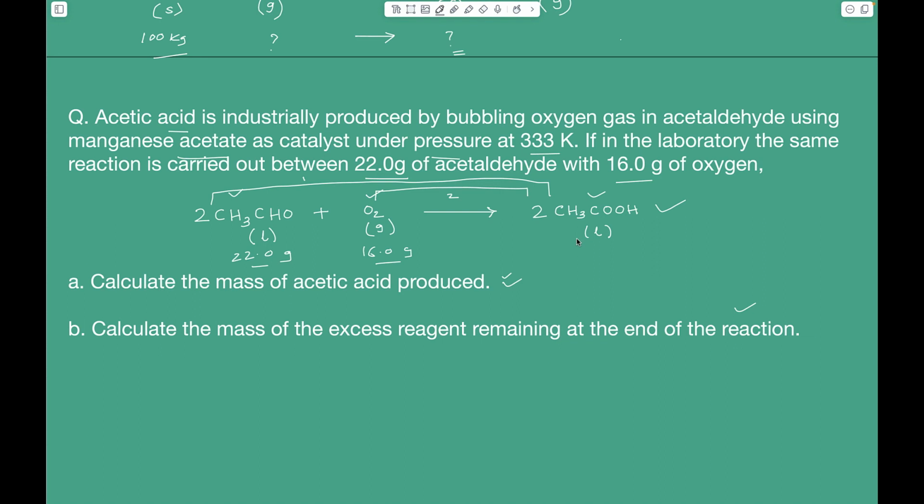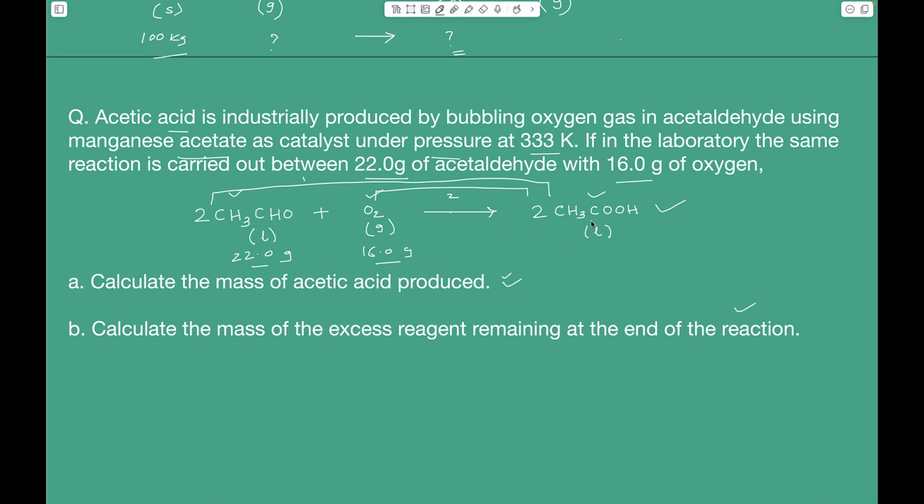So what should I do? First, I have to verify that the given amounts of the reactants are in the correct proportion for them to react completely with one another without leaving anything behind. If they are, then you can use either of these two relationships to estimate the mass of acetic acid.